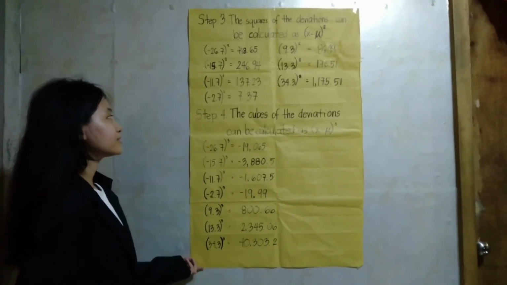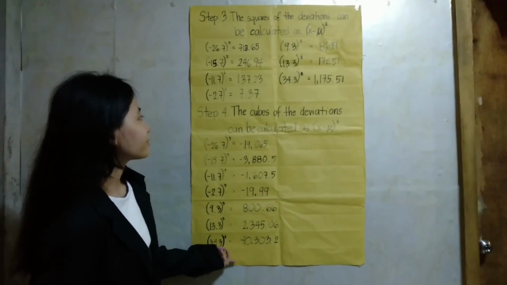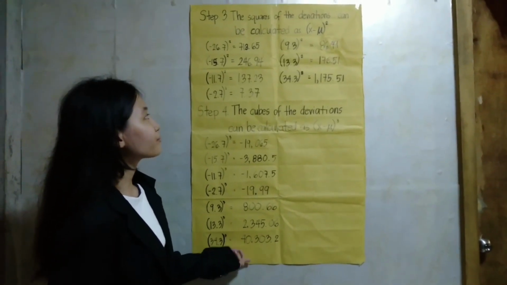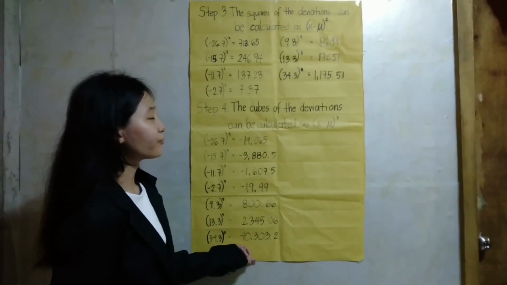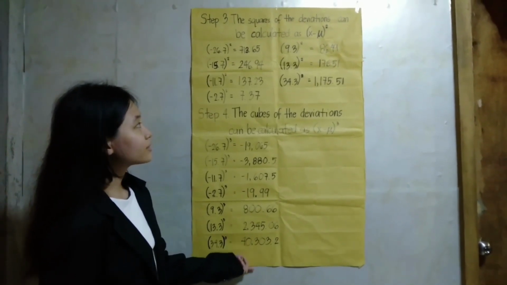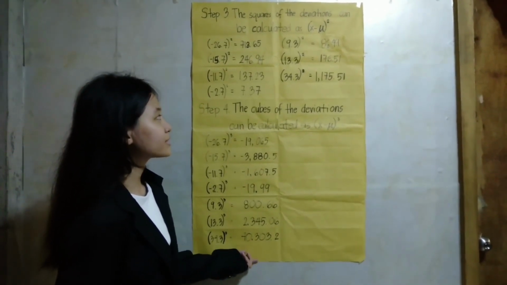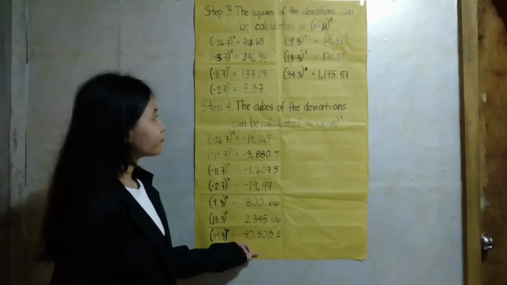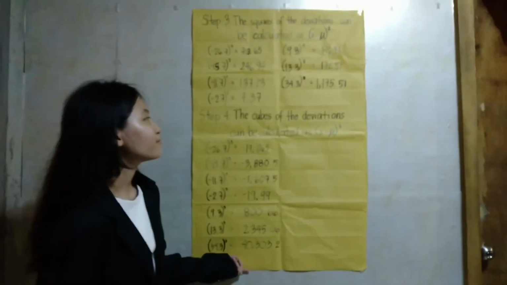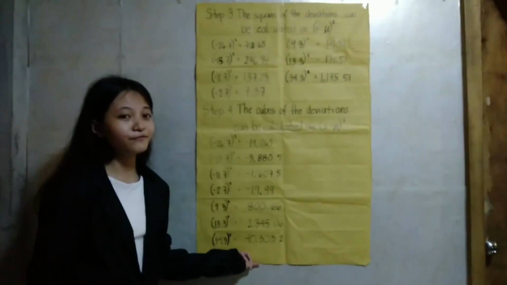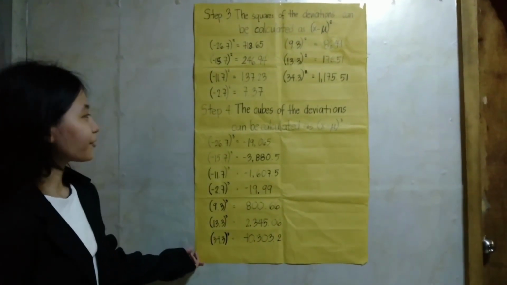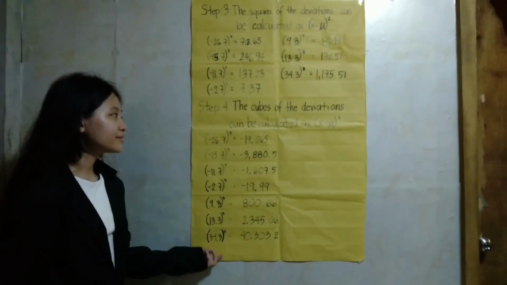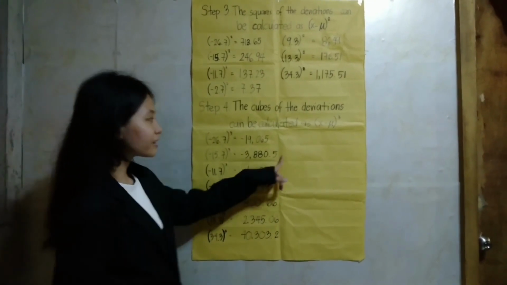Negative 2.7 squared equals 7.37. 9.3 squared equals 86.49. 13.3 squared equals 176.51, and 34.3 squared equals 1175.51.